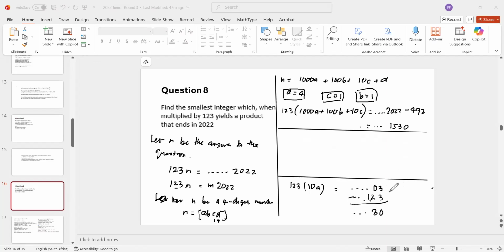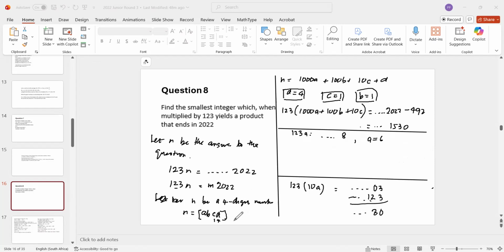So A, when you divide by 10 on both sides, you get 123A is equal to something, something, something, and it ends at 8. Right. So A must be 6. Now that's a single digit. 123 times 3 would be 18, and this is not a 4-digit number. All my 4-digit numbers I'm putting in round brackets like this. So we have A equals 6.